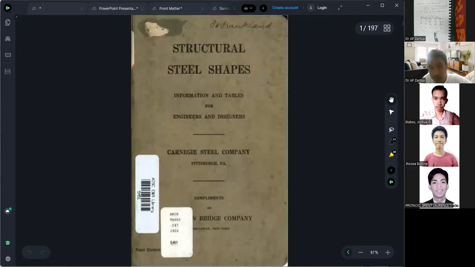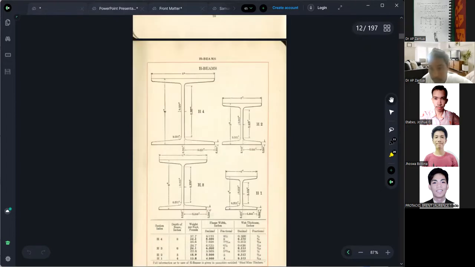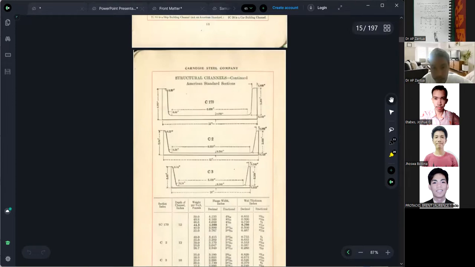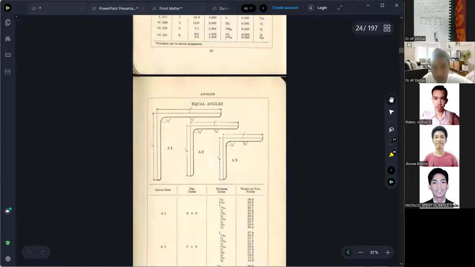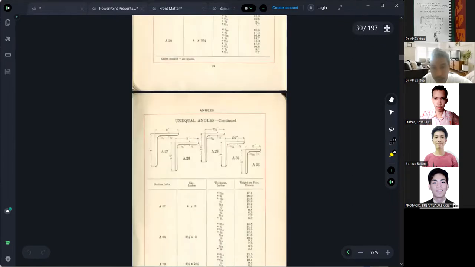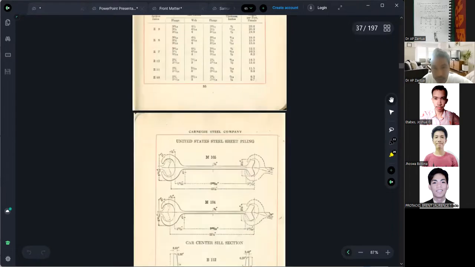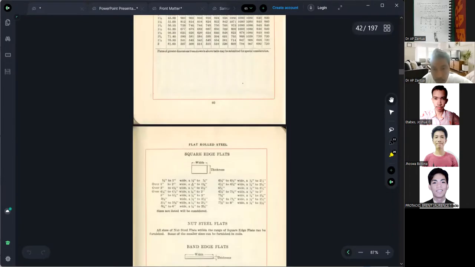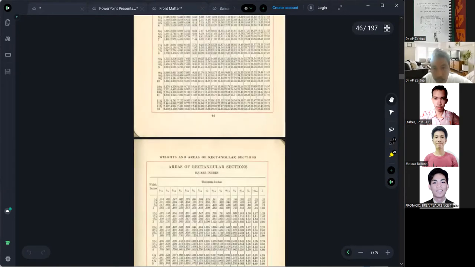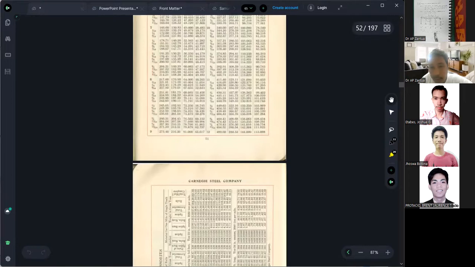Structural steel shape. So this is the S-type, C-type, L-type or angular type, T, Z. So where is the W type? There's none.